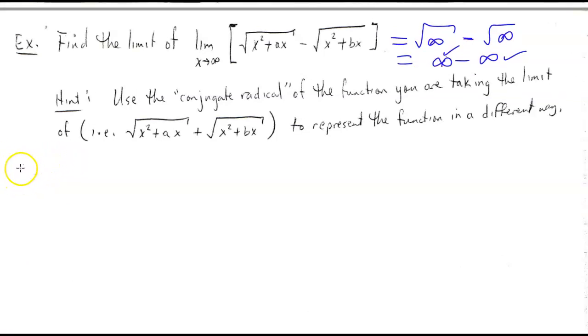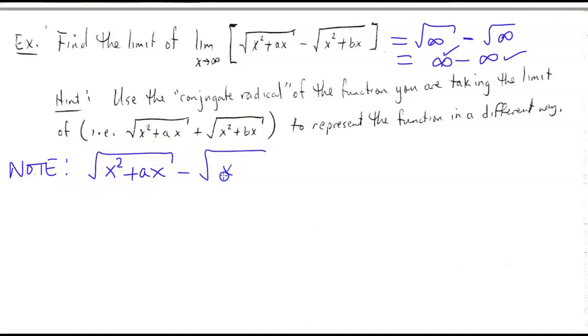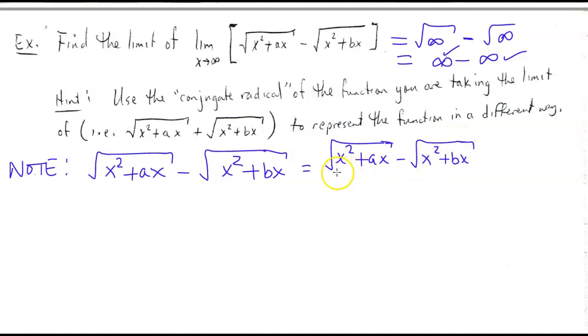All right. So we're going to start off by just saying note, square root of all this business here. This is going to be equal to the same as what I just wrote, and I'm going to put this over 1.